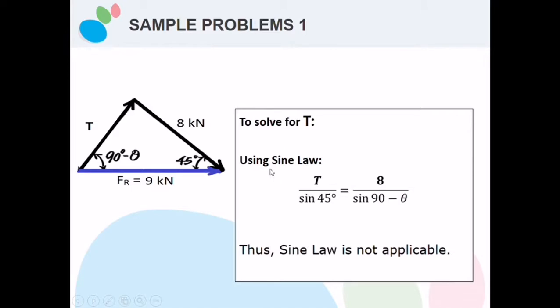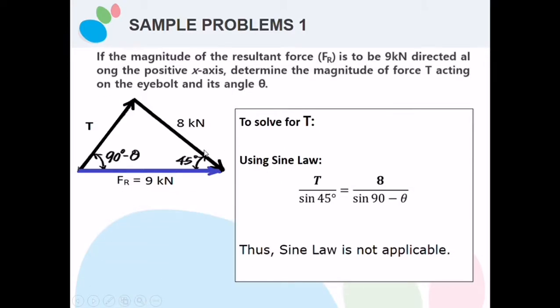So next, how about if we are going to solve the force t using sine law? So it is also possible. Okay, so let's try this. So t over sine of the opposite angle of t, 45, equals 8 divided by sine of the opposite angle of this force, 8 kilonewton.